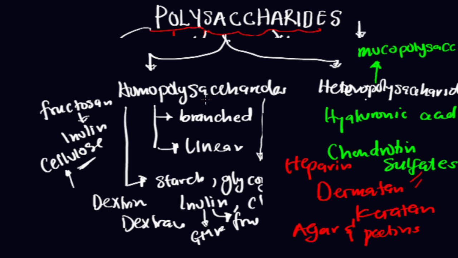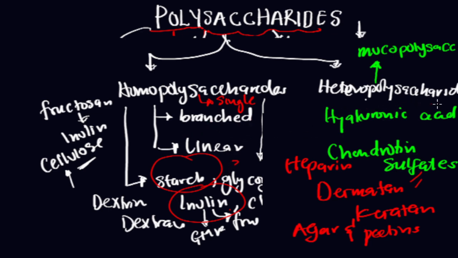Homopolysaccharide is simply a repeating unit of a single, similar sugar residue. Whenever you hydrolyze homopolysaccharide, you are going to have a single sugar residue all through. For example, inulin, which is fructosan, contains only fructose. Starch contains only glucose.